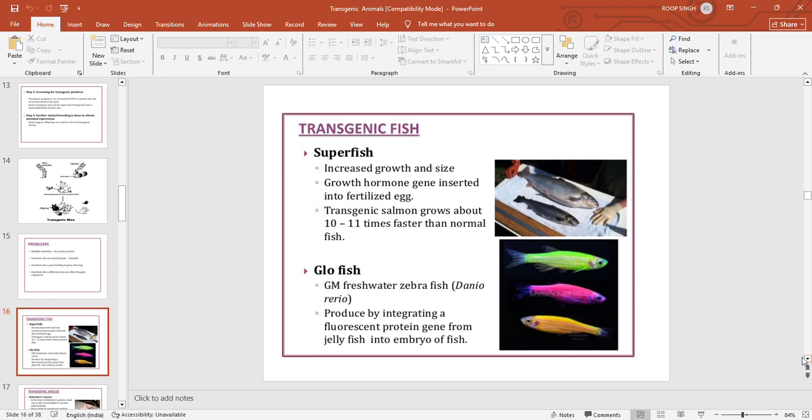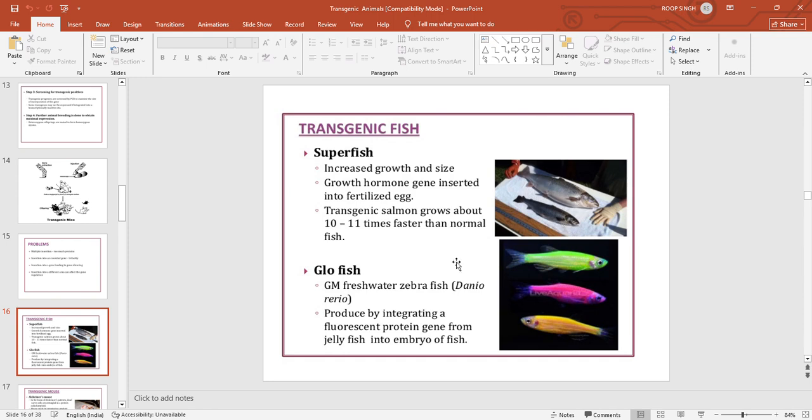There are some examples of transgenic animals which have already been developed, like superfish. In the superfish, for increased growth and size, the growth hormone gene is inserted into the fertilized eggs. So one can see the enlarged size of the fish after introducing the growth hormone gene, a very large size compared to the wild type one.